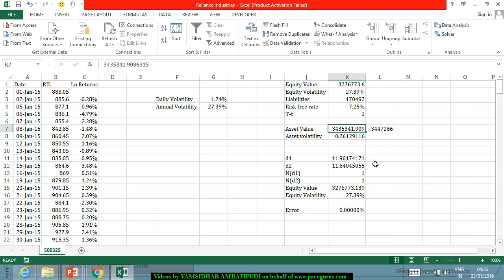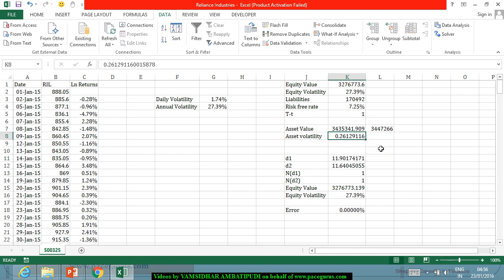So the asset value is slightly lesser than the typical summation. So there is some change in the asset value, and even in the asset volatility. Right now it's a simple computation based on your ND1 and all, so this is what is working out to be your asset volatility.